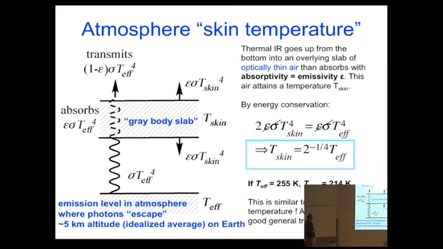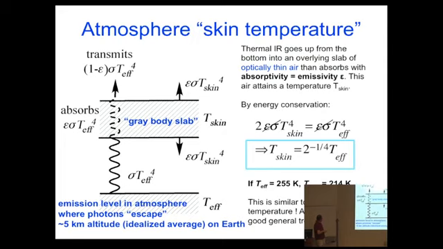Of course it depends on wavelength, but roughly speaking, you could think of these photons as escaping from about 5 kilometers altitude in the Earth's atmosphere. A sort of quasi-photosphere in the infrared for the modern Earth. It's a pretty crude approximation. But it's going to be radiating by the Stefan-Boltzmann law at sigma T to the 4.